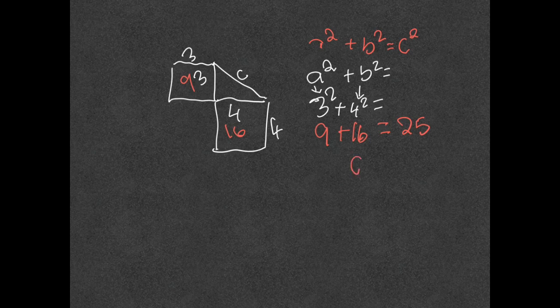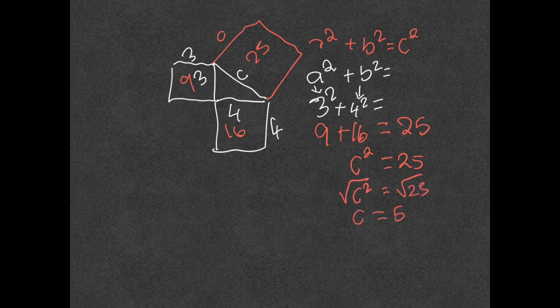And C squared would equal 25, or in this case, C times C would equal 25. So in order to get the answer, you would need to square root both sides, and it would be C is equal to 5, and that would be the side length of C.